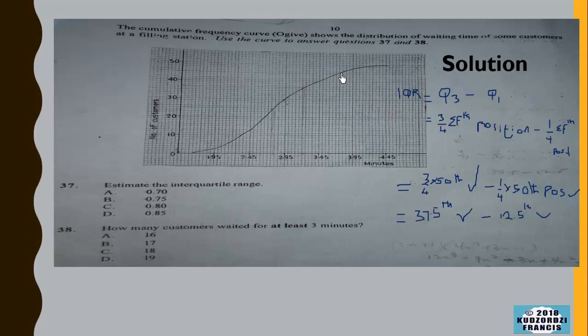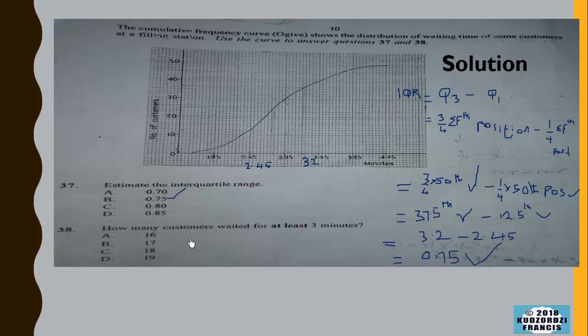So we trace that from the graph, and the 37.5 value will correspond to the 3.2 mark. Then that of 12.5 will correspond to 2.45. So subtract this and we obtain 0.75.